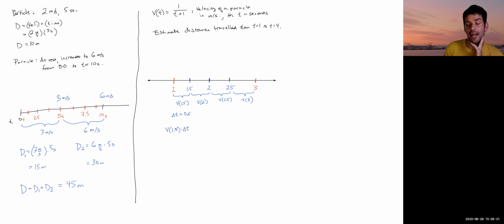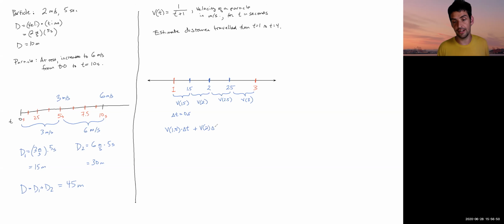So I could multiply this velocity times delta t. That would give me the approximate distance during this interval. Remember, I'm making a big assumption here that its velocity was constant during the interval. We know it's not, but that's fine. We're making an estimate. I can add to that the approximate distance during the next interval, and the next, and add to that the final interval.